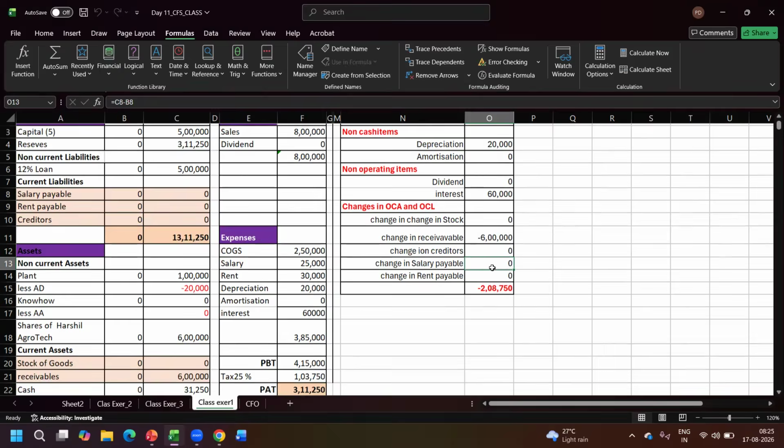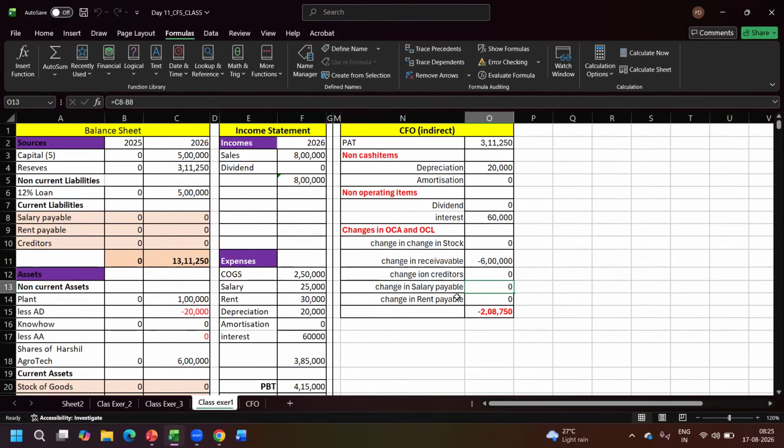So the change in the current assets and current liabilities, particularly operating current assets and operating current liabilities, is a reflection of credit transactions. The non-operating items are a classification of those items which are not treated as operating as per Ind AS 7, like interest, and non-cash items like depreciation and amortization.